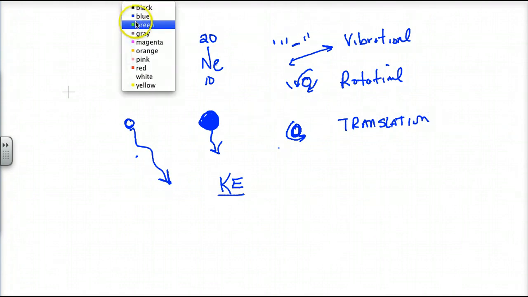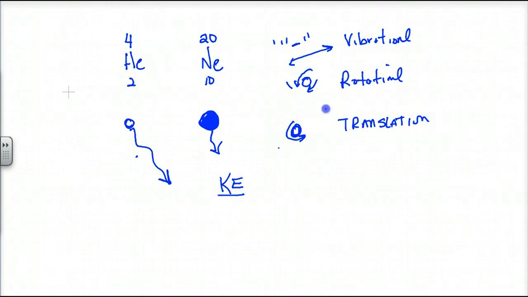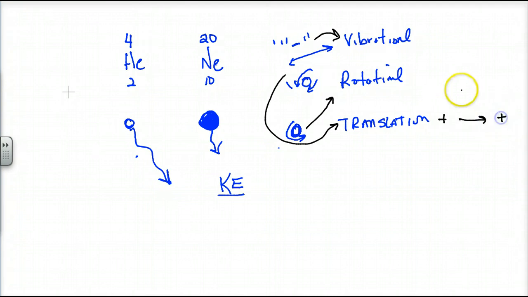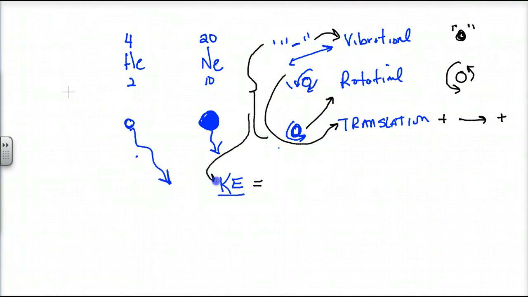The rotational is the object rotating, the vibrational is the object vibrating, so to speak, and translational is moving a distance from A to B. In any case, kinetic energy, which is the combination of all three, is equal to 1/2 m u squared.